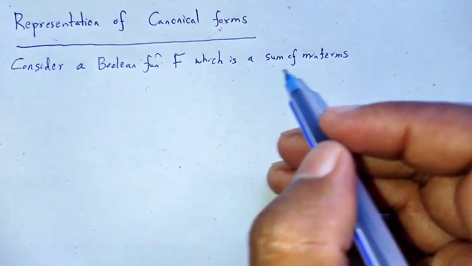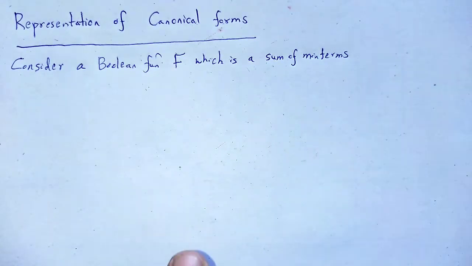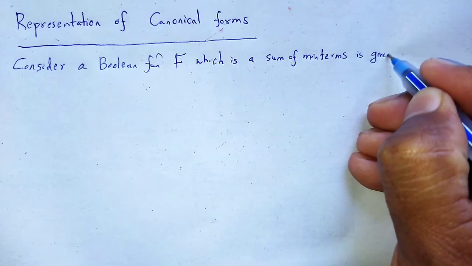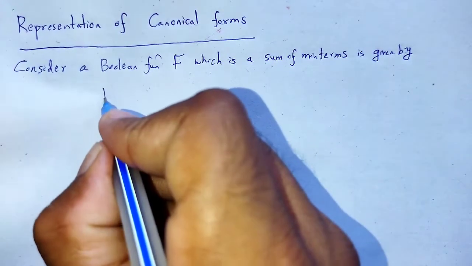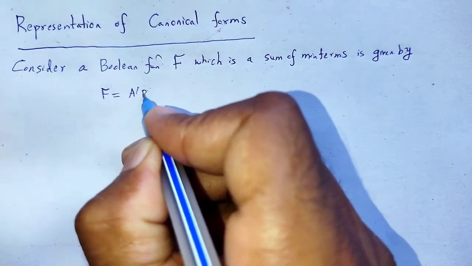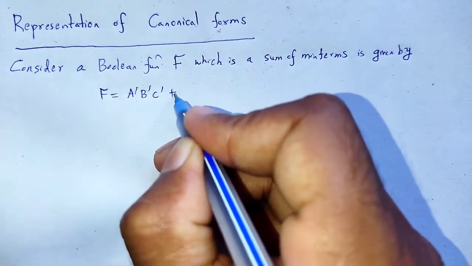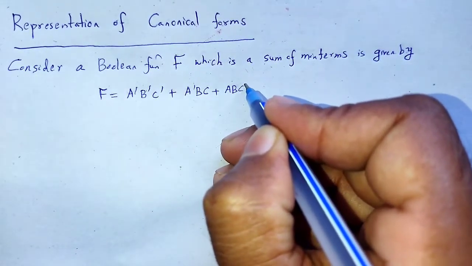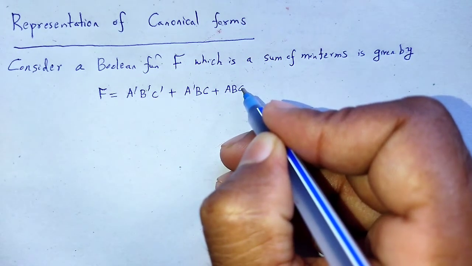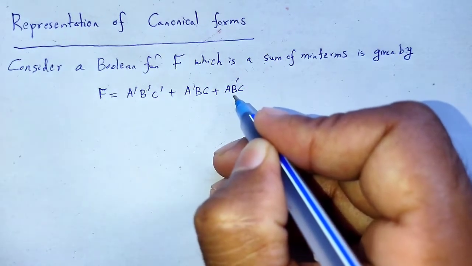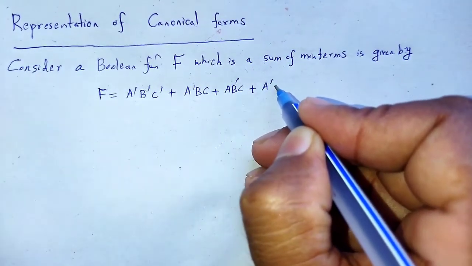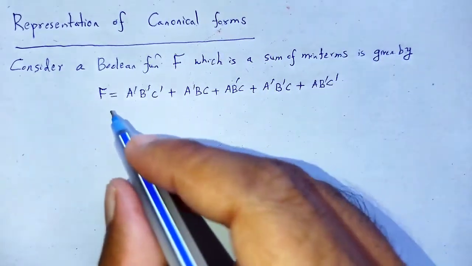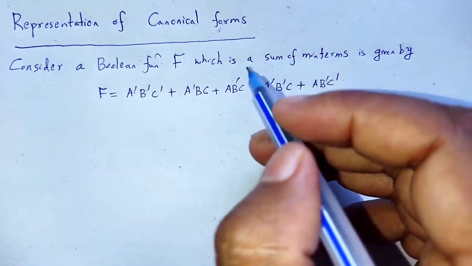Sum of min terms means SOP canonical form, given by the expression f equal to a dash b dash c dash plus a dash b c plus a b c plus a b dash c plus a dash b dash c plus a b dash c dash. That Boolean expression is given, which is a sum of min terms.